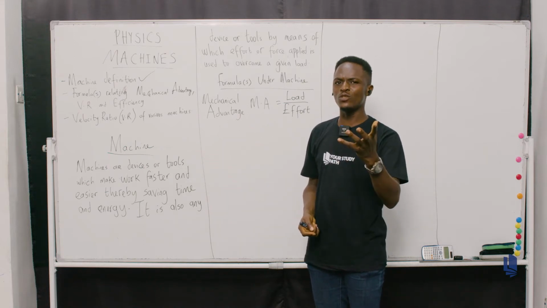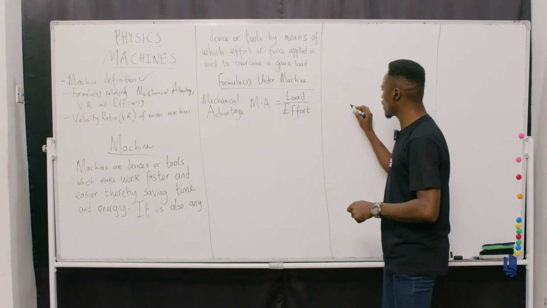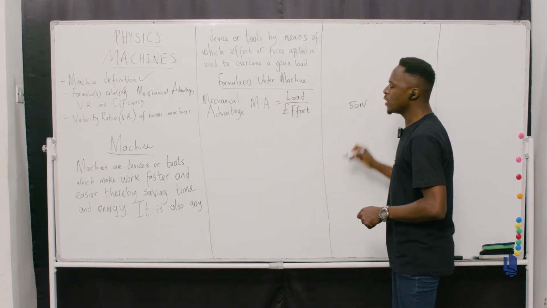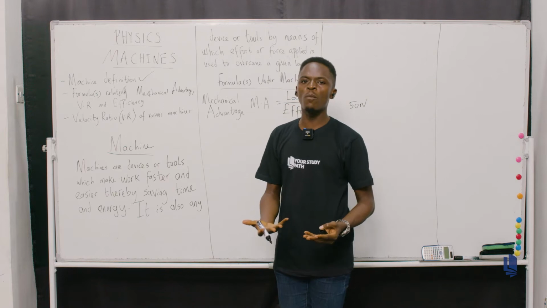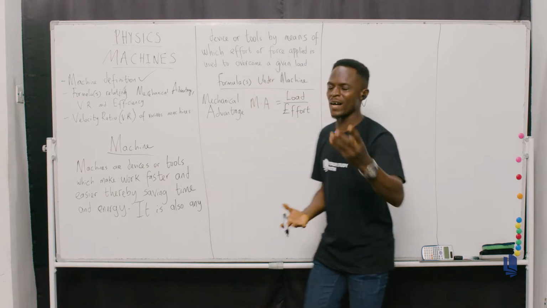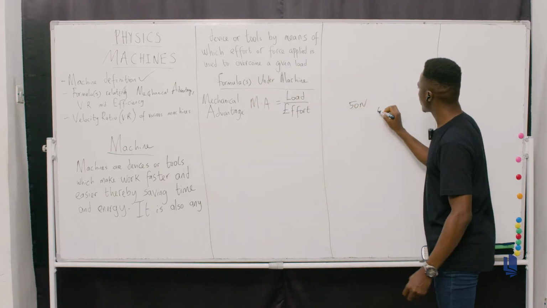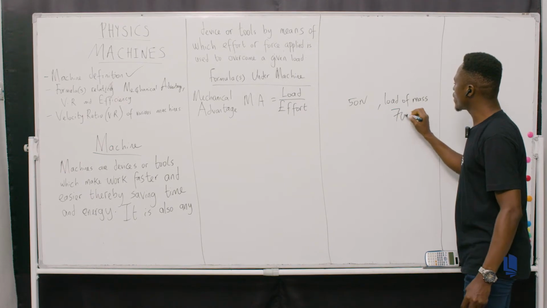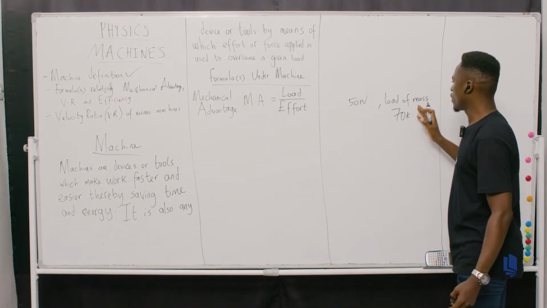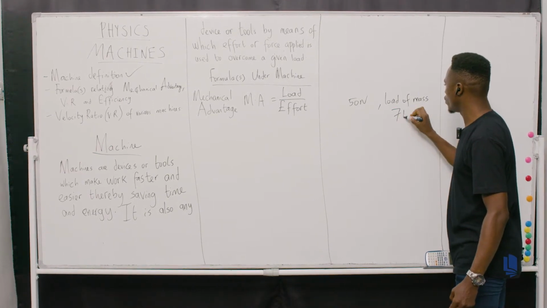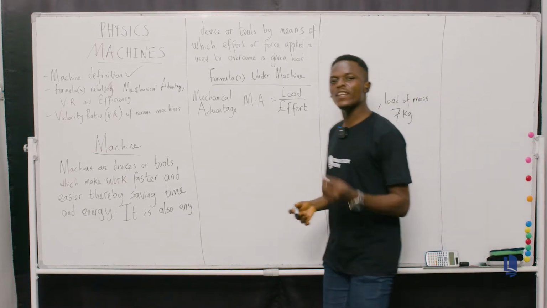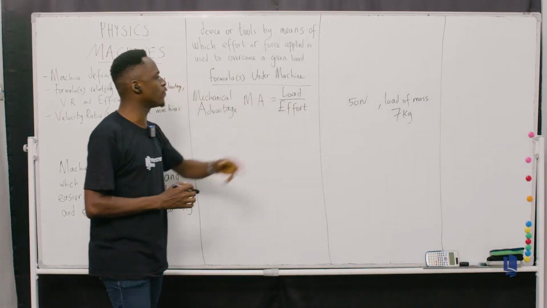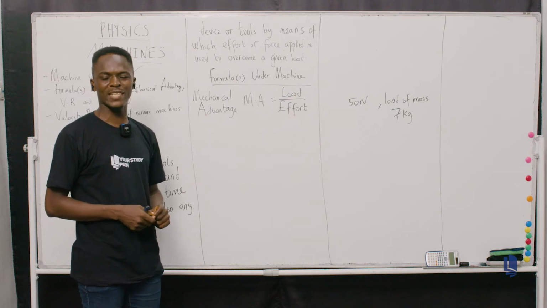Whenever they tell you a force of 50 Newton is used to overcome a load of mass 70 kg, or let's pick something simple, let's say 7 kg, it's very funny at times how our students interpret a question like this.